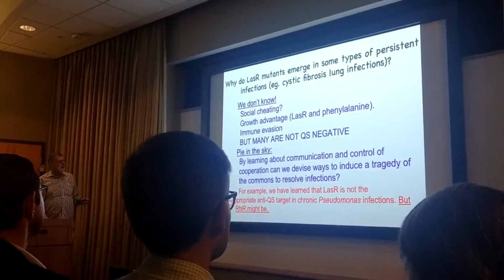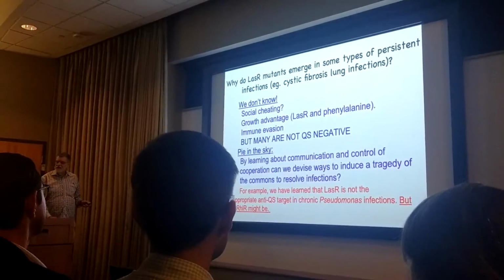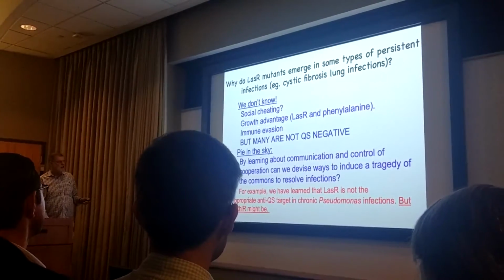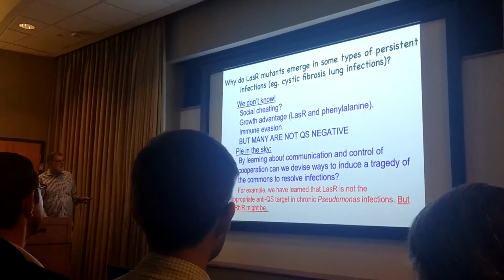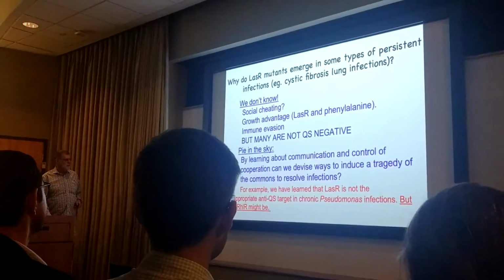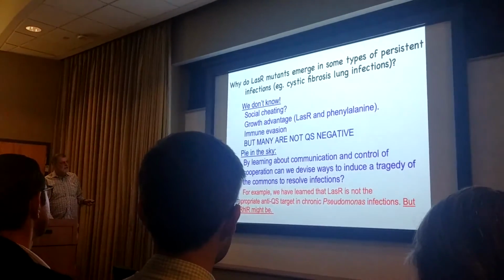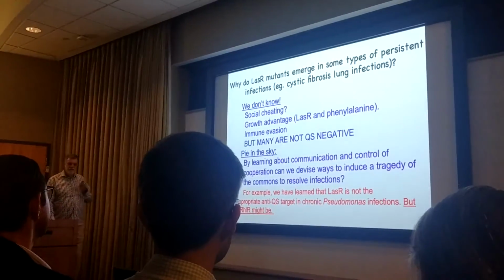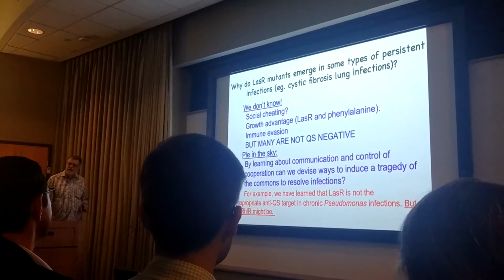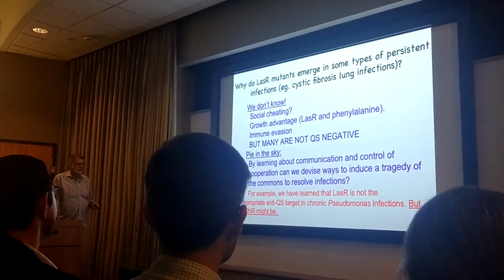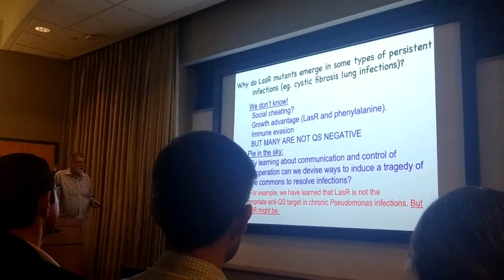They might be, because they don't display all of these virulence factors, they might be able to evade our immune responses better. But, in all capitals here, they're not quorum sensing negative. So quorum sensing is retained in these chronic infections, and we'd like to know why.